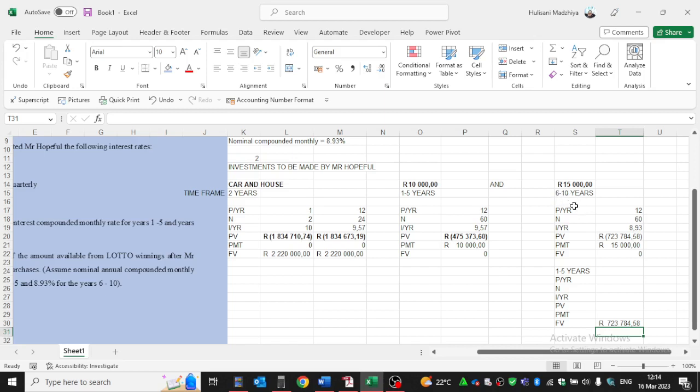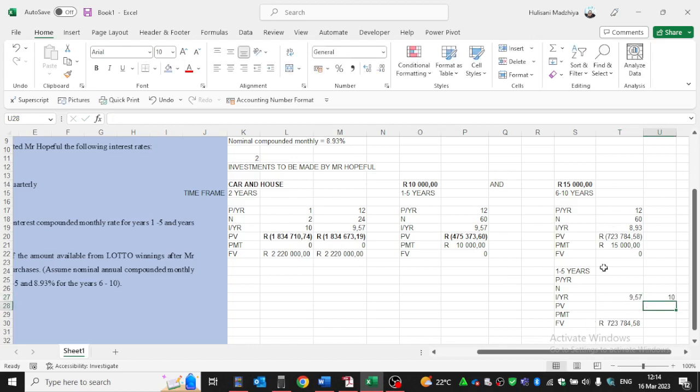So when it gets reinvested for the period of 6 to 10 years, it's going to earn 8.93. But we know that from the period of 1 to 5 years, any investment made there will only earn 9.57, which is actually equivalent to a 10% interest rate annually.